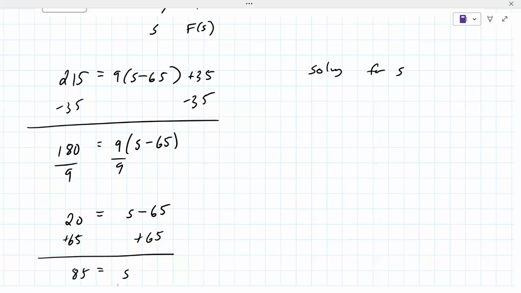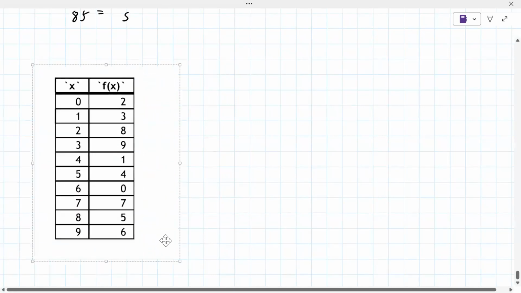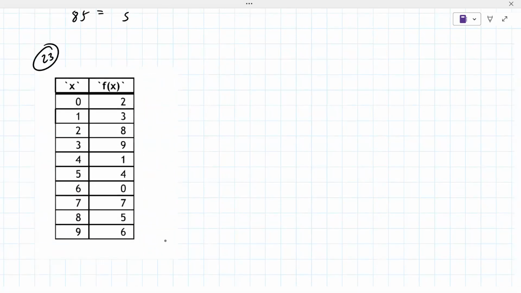I'm just scrolling through to see, because they're not in any helpful order. There's an order where you can actually learn something, but they don't have that. So let's do 23 and then we'll go back and do some of the inverses. 23 is kind of an introduction into certain things here.